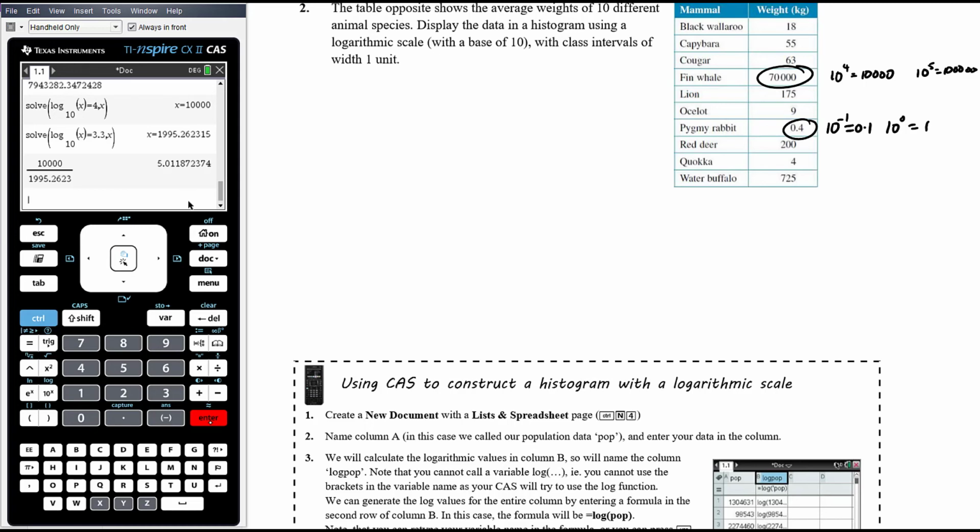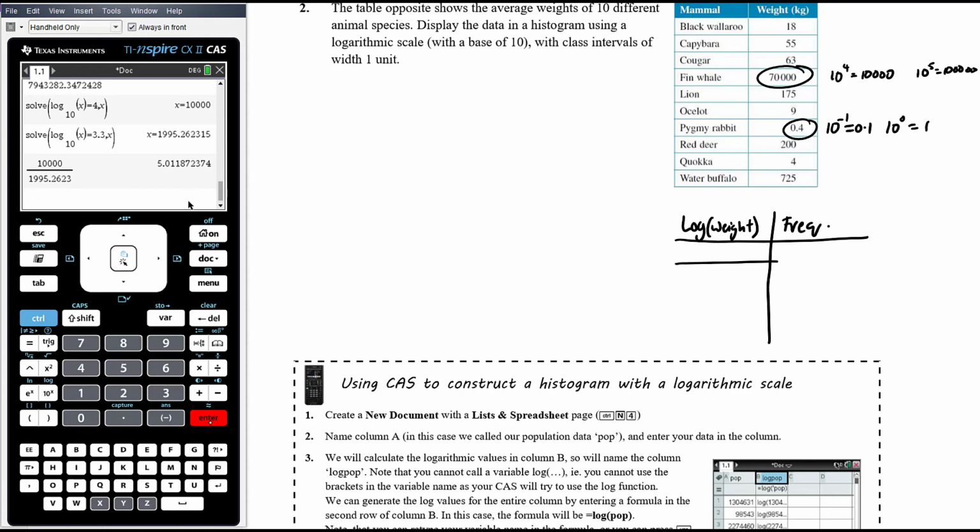So in terms of our class intervals, I haven't left us a lot of room here. Let's just be careful. Let's draw our table down here. So I'm going to do the log weight and the frequency.